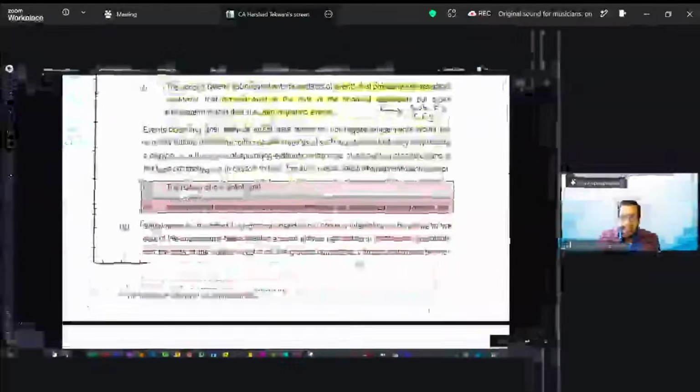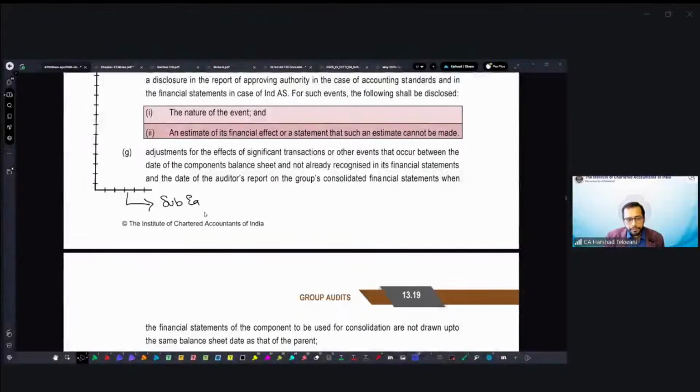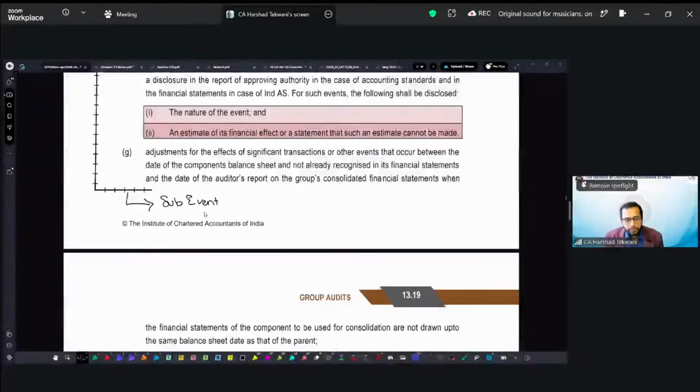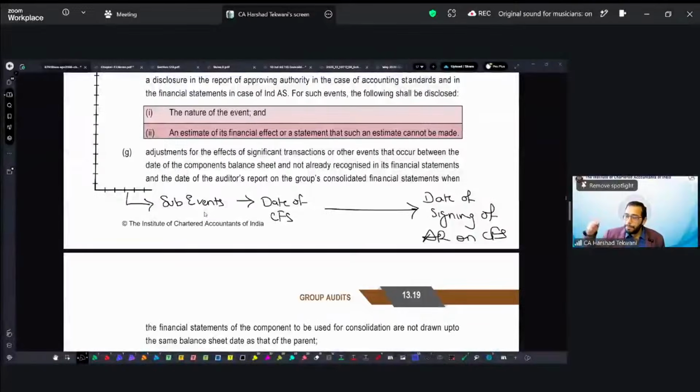So by applying the concept of SA 560, subsequent events for me will be from the date of CFS to date of signing of audit report on CFS, whether it is in the period of financial statement of any subsidiary or not.